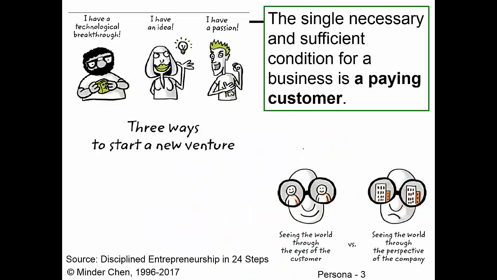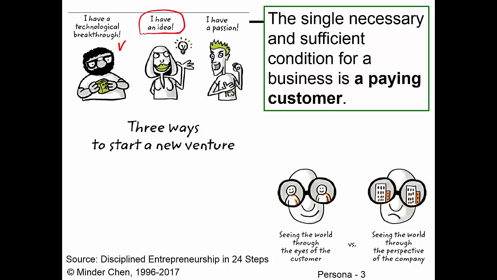In the same book, it mentioned that if we step back, people start a new venture sometimes because they are technologists, they have developed a breakthrough technology, or they have seen the potential of a breakthrough technology and have an idea how that may be used.